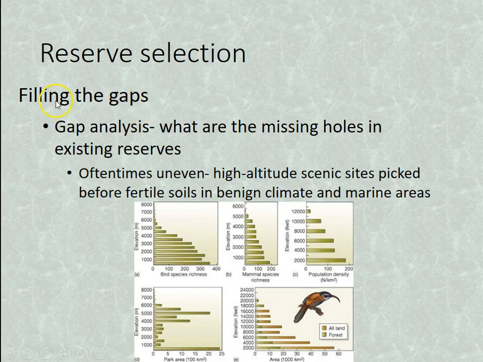And then you want to fill in those gaps. So look at where you already have reserves and see what you need to protect. If you protect the same thing as the other reserves, it wouldn't be as helpful as filling the gap.